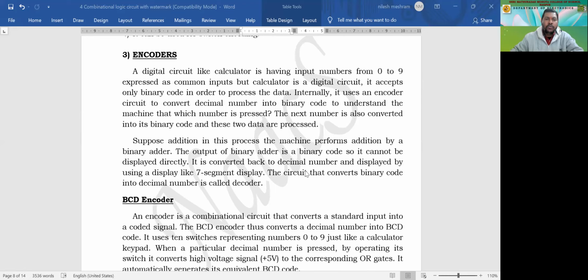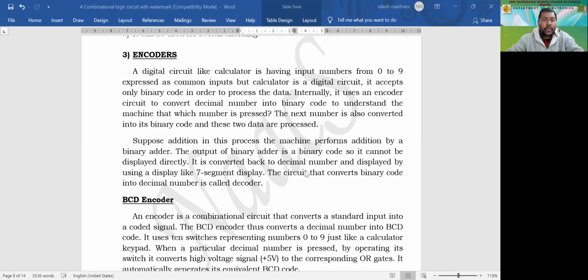So first, we'll code it. In defense, if you have to maintain the secrecy of data that is being transferred from one point to the other, we convert it to coding, right? So that the language is in coded form and the enemies would not be able to understand that language.